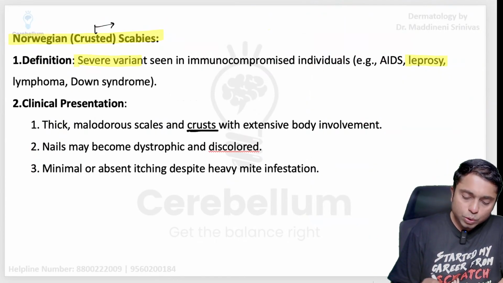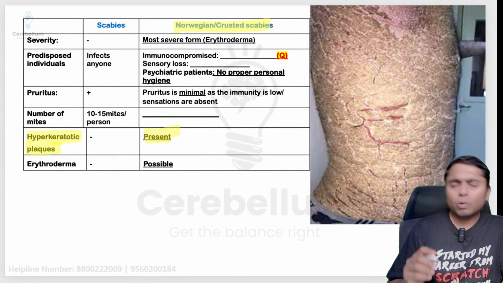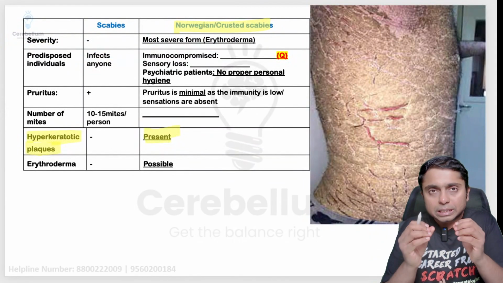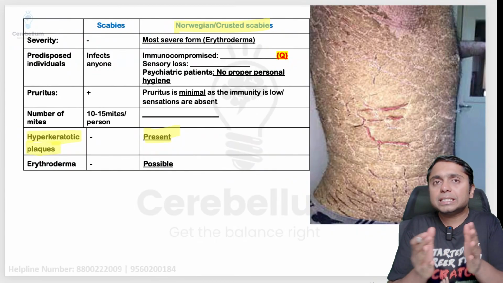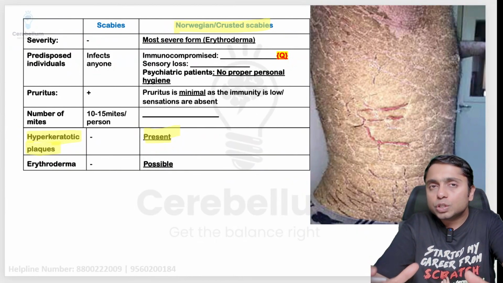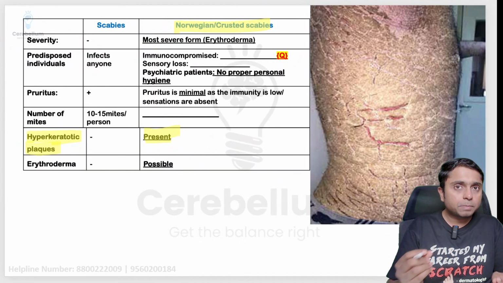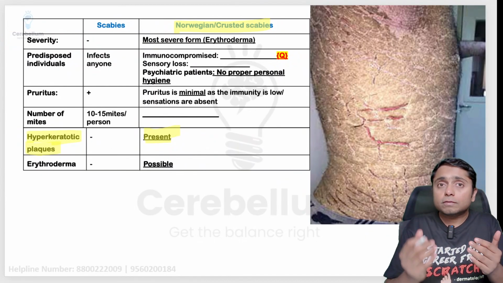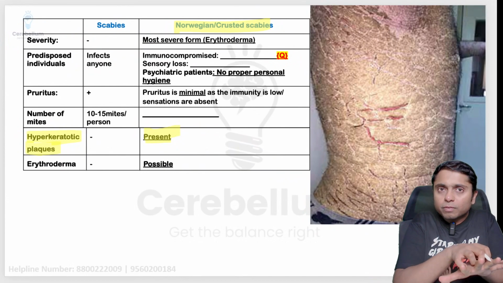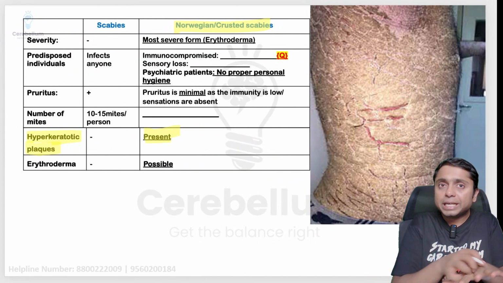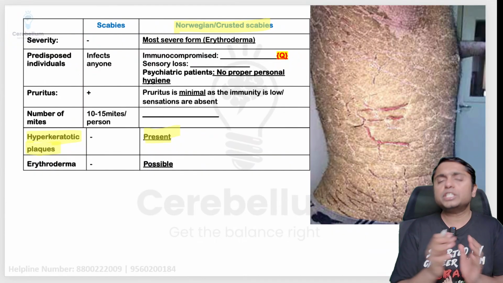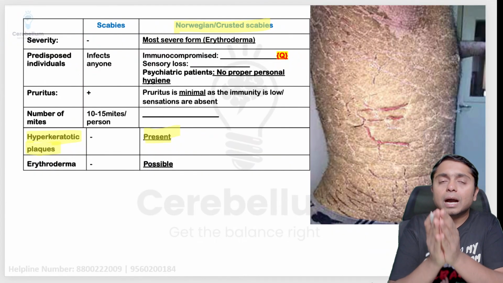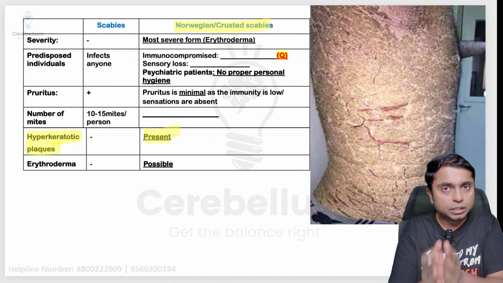Okay, so what is the reason behind this presentation? So just let me tell you one simple concept. In the normal individual, if a scabies mite is present, the reaction of the body is going to be in the form of itching. Okay, there will be itching in normal individuals. Because of itching, what happens? Itching is actually very good for a given patient, normal person.